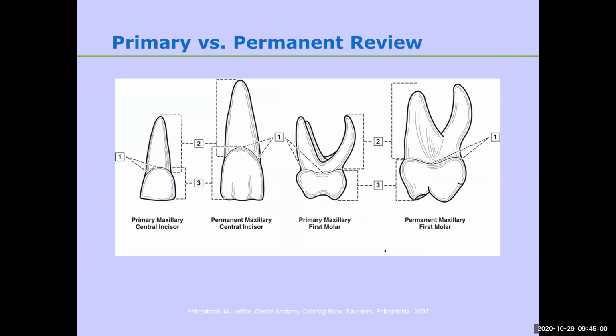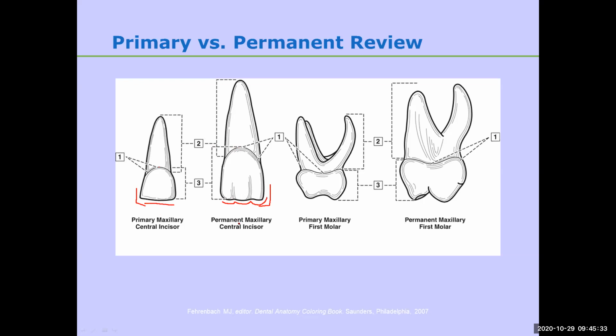So let's compare the primary versus the permanent counterpart. This is an anterior tooth here. You've got a curvy CEJ on both. You have a straight mesial, but what you don't have are mamelons in the primary.